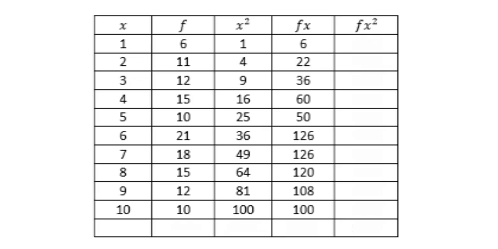And 10 times 10, giving us 100. Thank you very much. So it means with our FX column, we multiply the values of X by the corresponding values of F.